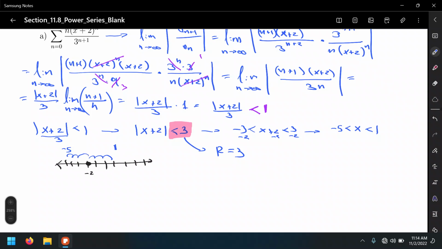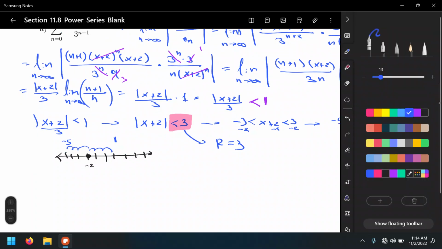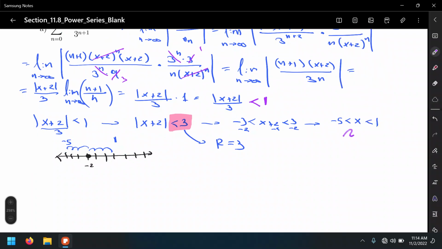So now that we found the endpoints of the interval, the lower endpoint and the upper endpoint, we are going to have 4 possibilities. Number 1 possibility is, these inequality signs mean negative 5 to 1, exclusive on both endpoints.